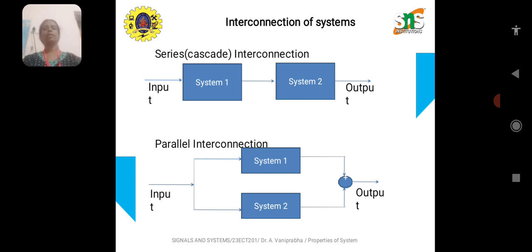Parallel interconnection is where the systems are connected one below the other, like piles. The input is common to both system 1 and system 2, and the output is taken based on a formula or application. So this is the parallel interconnection, and that one is the series or cascade interconnection.